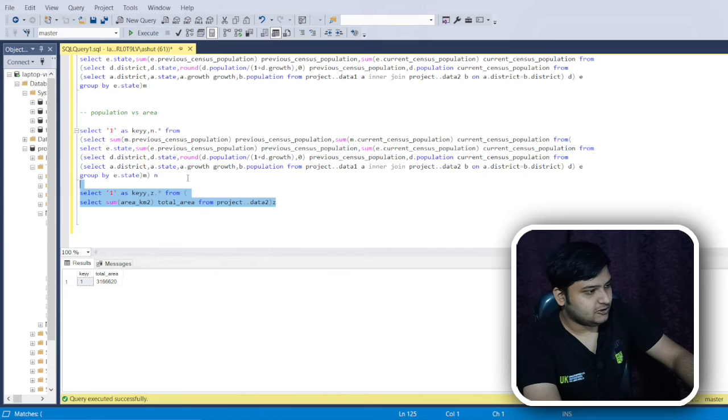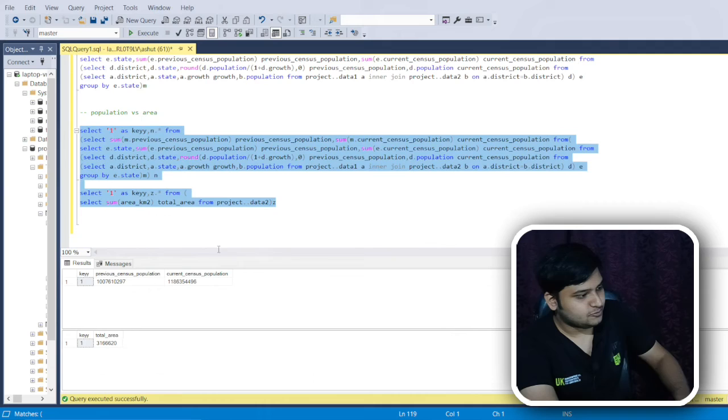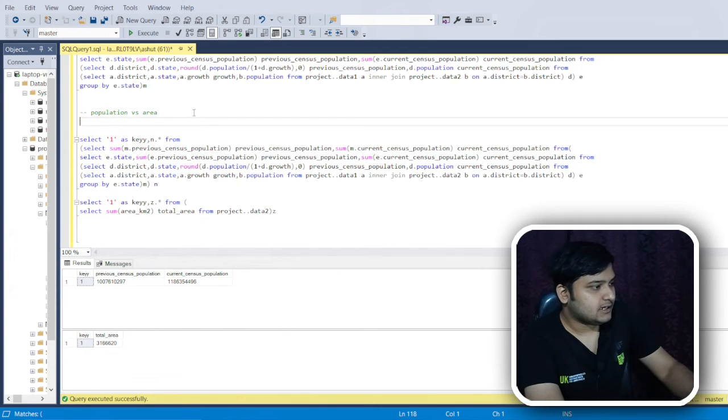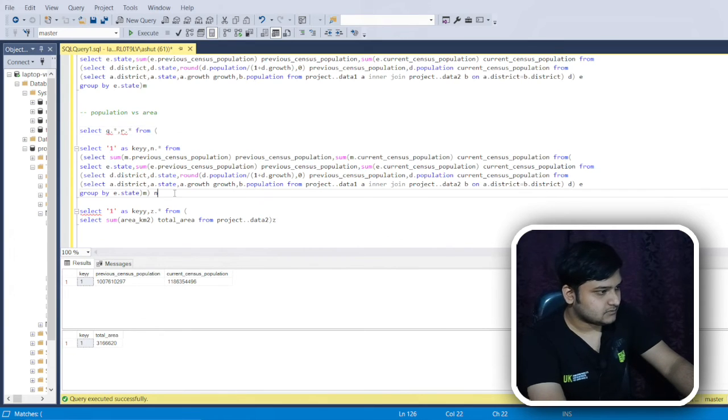So you can see both the outputs. Now if I run both simultaneously, you can see one is the common key which is present here, and we'll be joining both these outputs on the common key. So let us join this. I would just do a select, name as q. So q dot star comma r dot star, from the second, inner join.